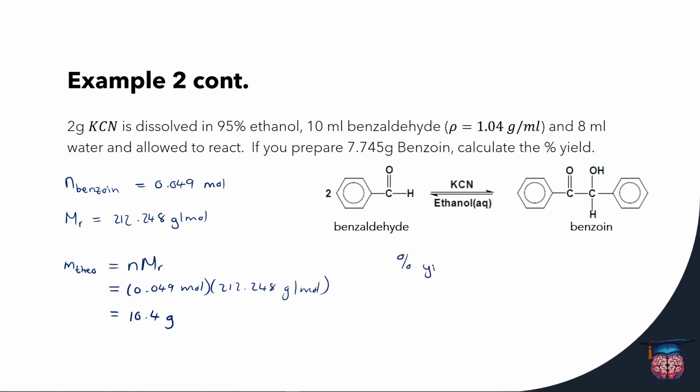So percentage yield is equal to M experimental divided by M theoretical multiplied with 100, and this is 7.745 grams divided by 10.4 grams multiplied with 100, and this gives us a percentage yield of 74.47%. Easy enough.